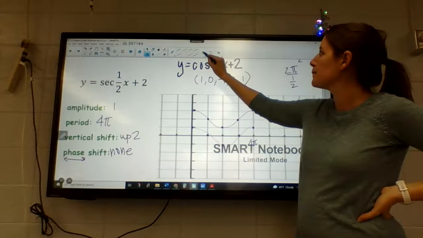This might be a tough one to do without drawing it normally first. So here, the middle is 0. I'm going to go up to 4, guys, down to negative 4.